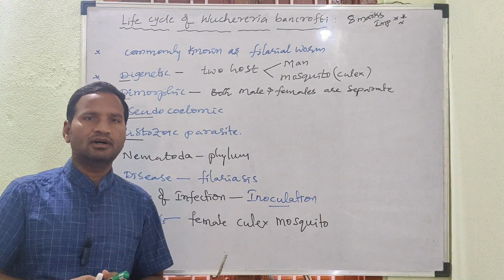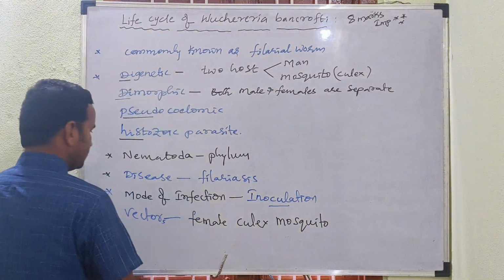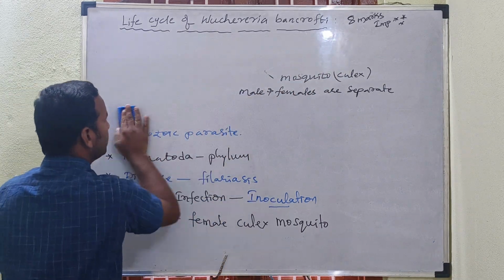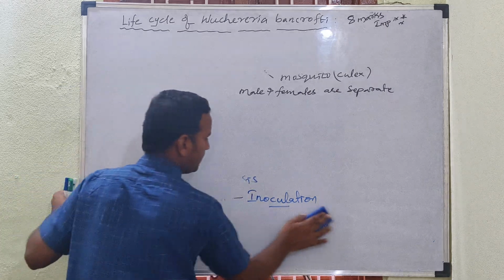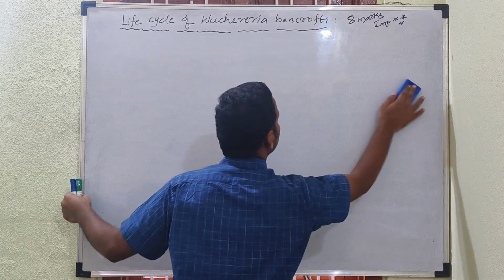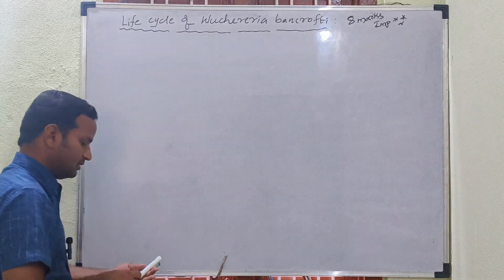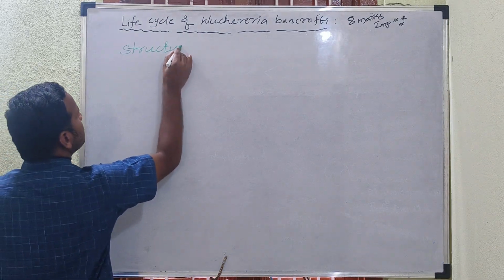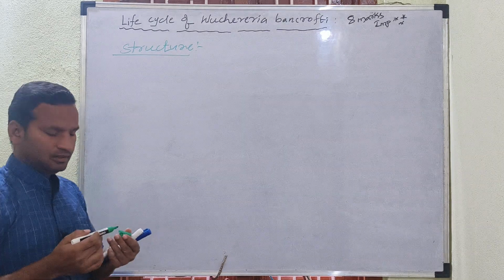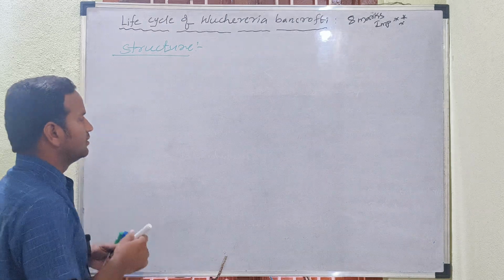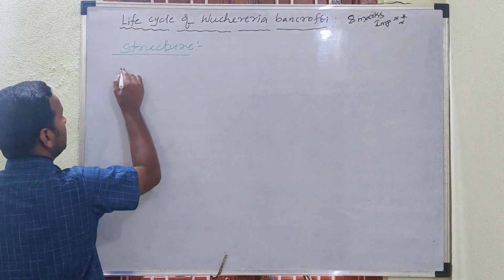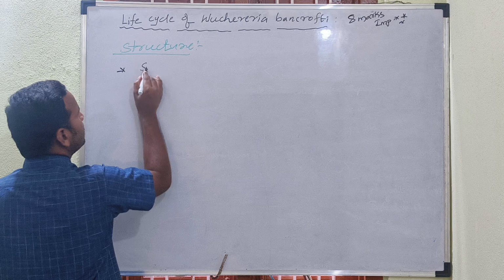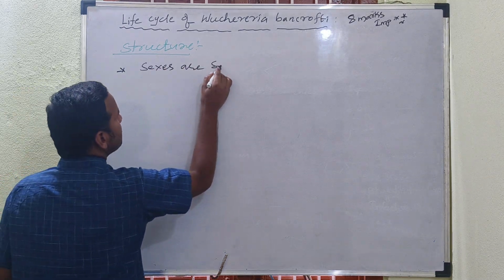Now let us see the structure of Wuchereria bancrofti. You know very well the common structure of both males and females: the sexes are separate.